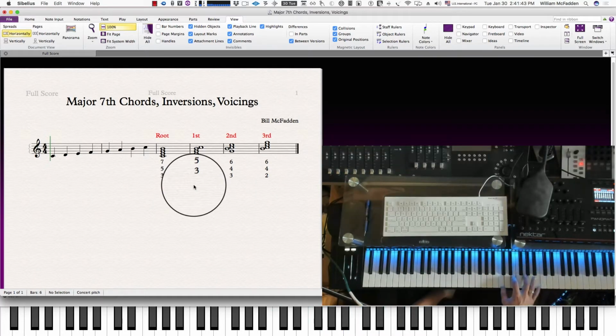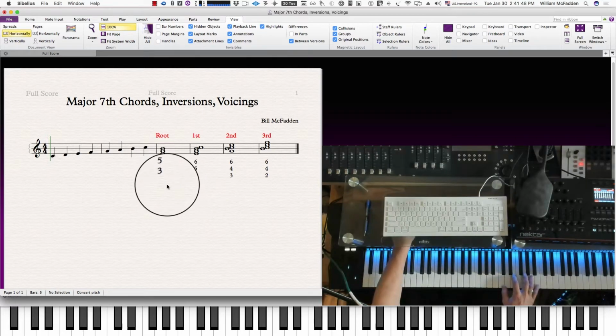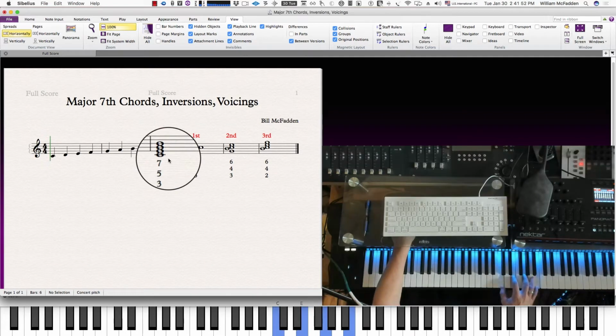Now, why do we call this the root position the 7-5-3? Well, the lowest note in the chord is C, and the second note of the chord is actually a third up from C in the scale.